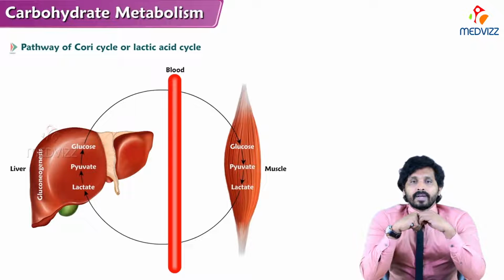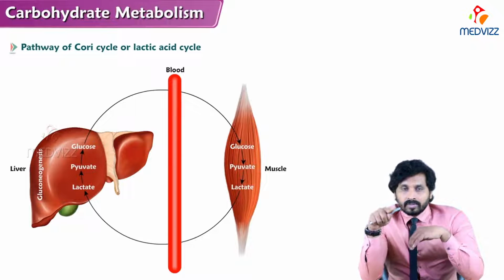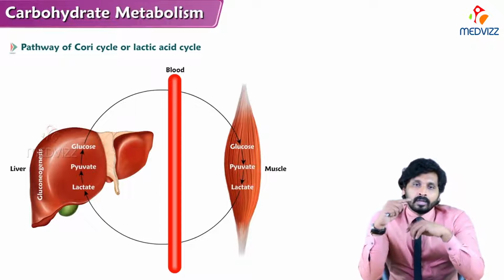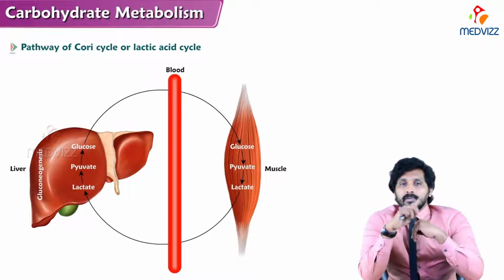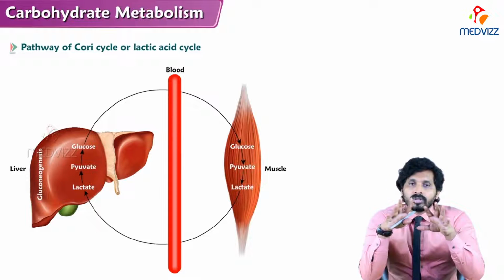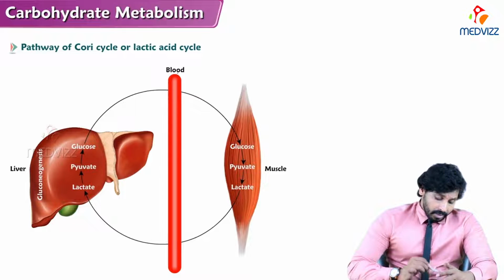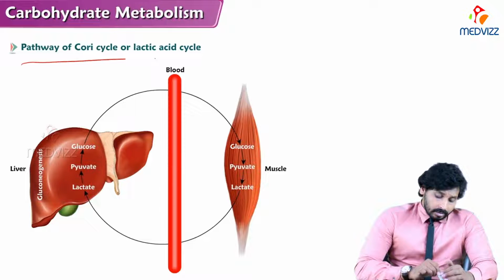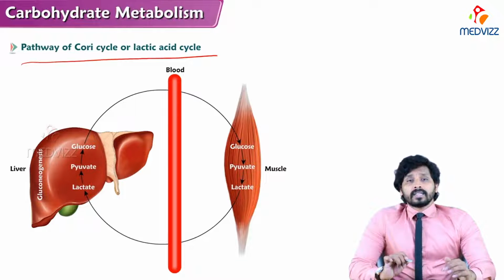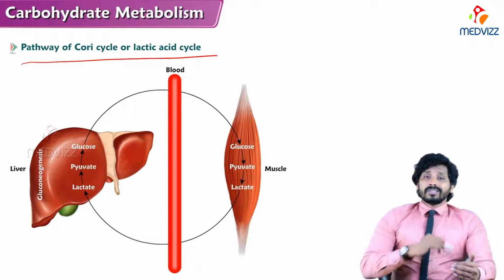So some of the glucose will generate lactate, which is transported to the liver and converted to glucose. There is no production of glucose in skeletal muscle. This process of synthesis of glucose from lactate is known as the Cori cycle.